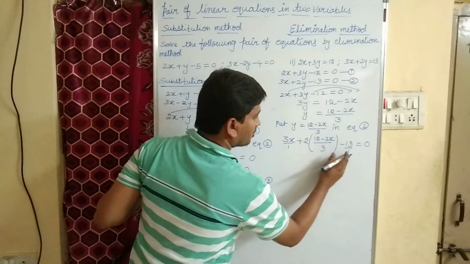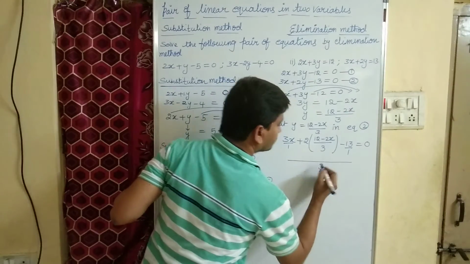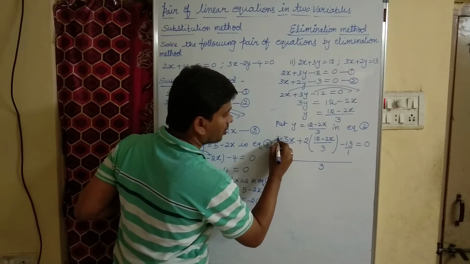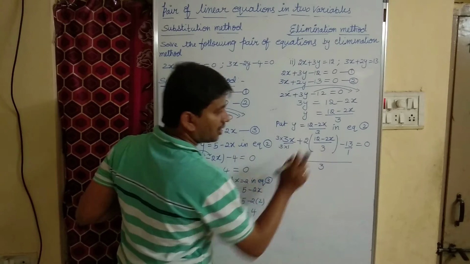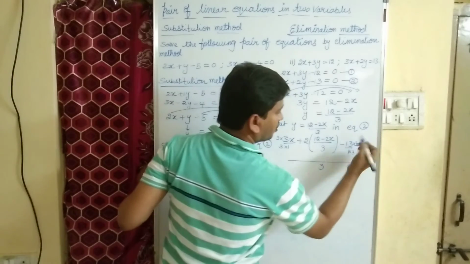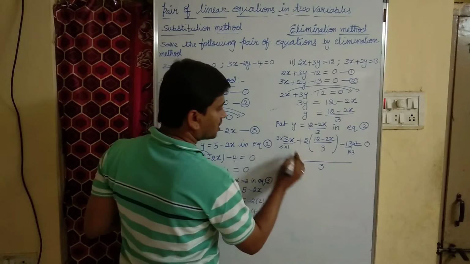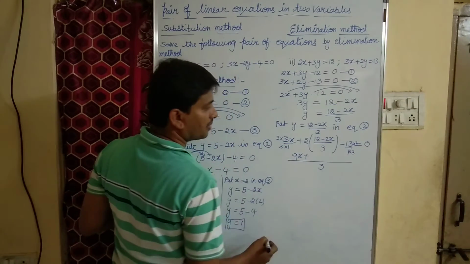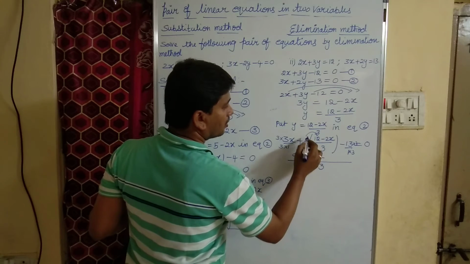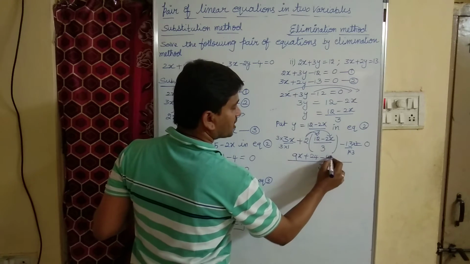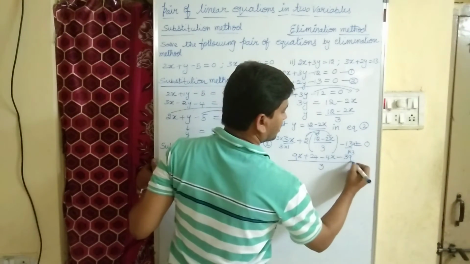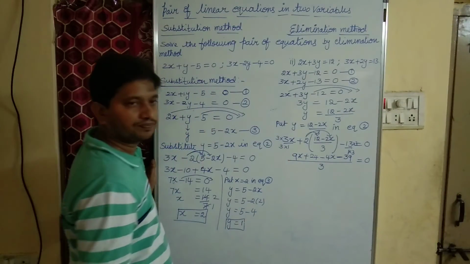The LCM of 1, 3, 1 is 3. 1 3s are 3, into 3 into 3, 3 1s are 3, into 1 into 1, 1 3s are 3, into 3 into 3. 3 3s are 9x plus 2 into 12, 12 2s are 24 minus 2 into 2x, 2 2s are 4x minus 13 3s are 39, that is equal to 0.